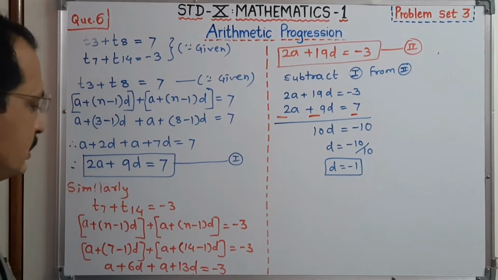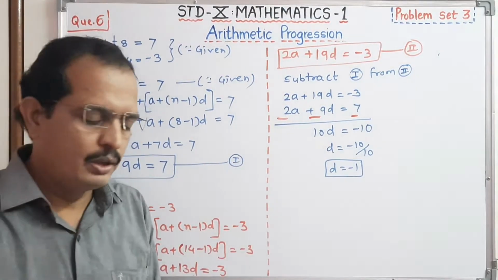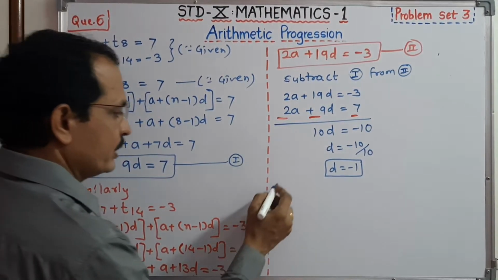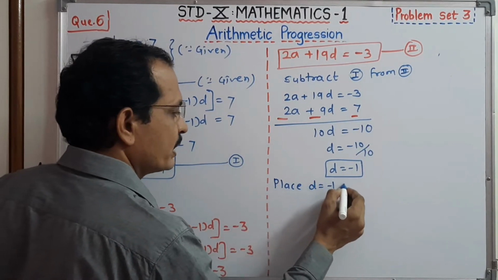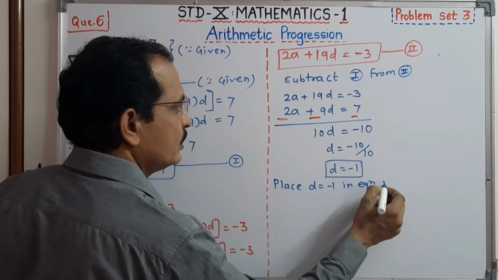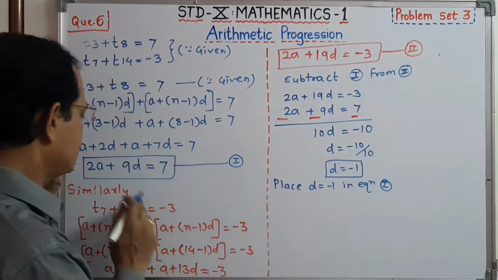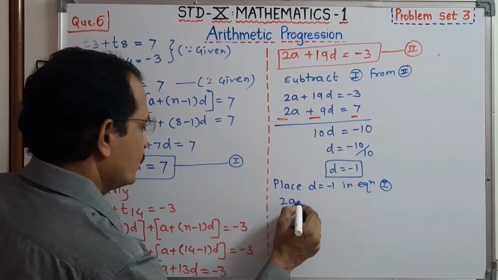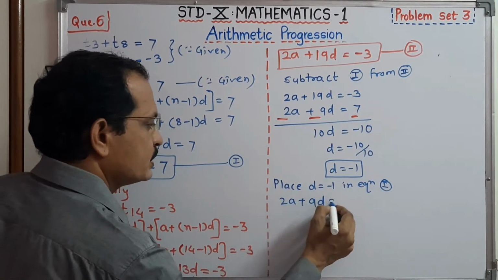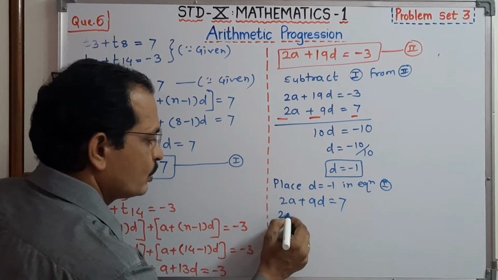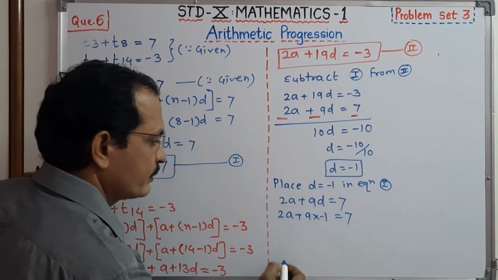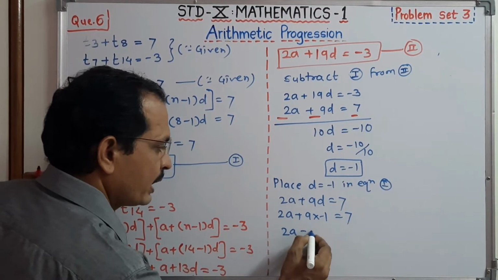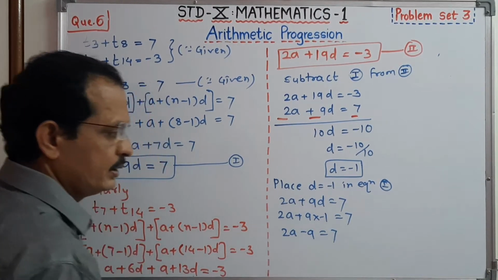Now dear student, we got the value of D. Now we have to find out the value of A. Therefore place D is equal to minus 1 in equation first. Now what is the first equation? 2A plus 9D is equal to 7. 2A plus 9 into minus 1 is equal to 7. 2A minus 9 is equal to 7.